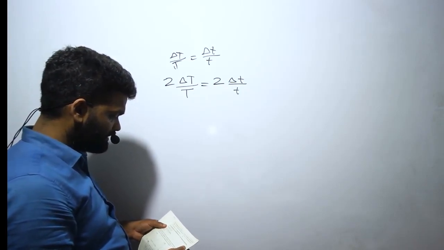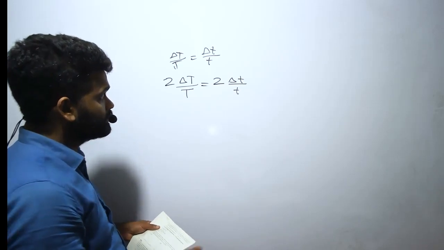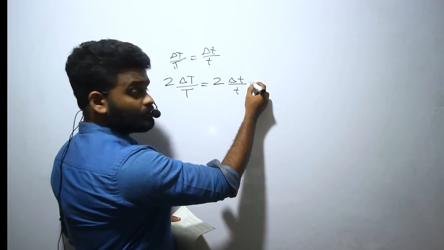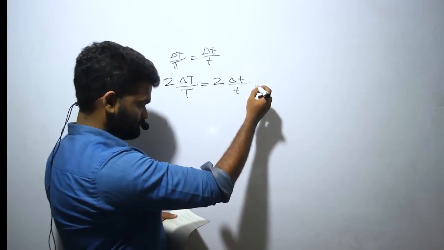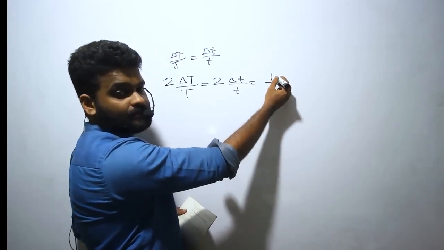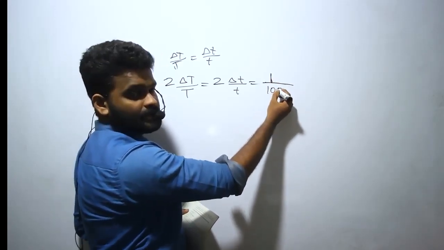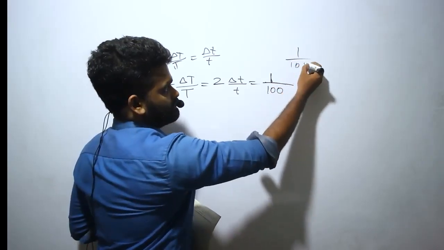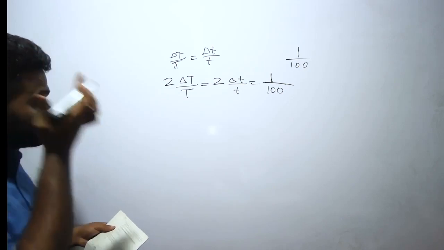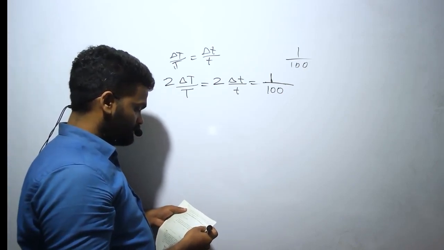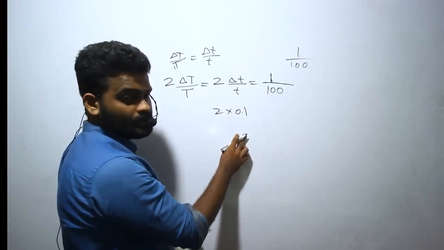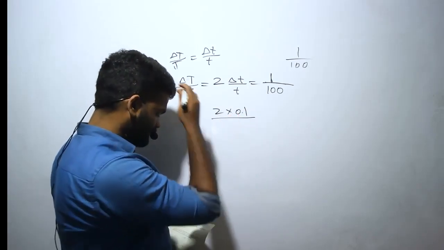So what they ask is how many oscillations are required. So this error has to be 1%. 1% means if you write it as a fraction, it is 1 over 100, right? So the error in the measurement, that is the least count, is given as 0.1 divided by time.